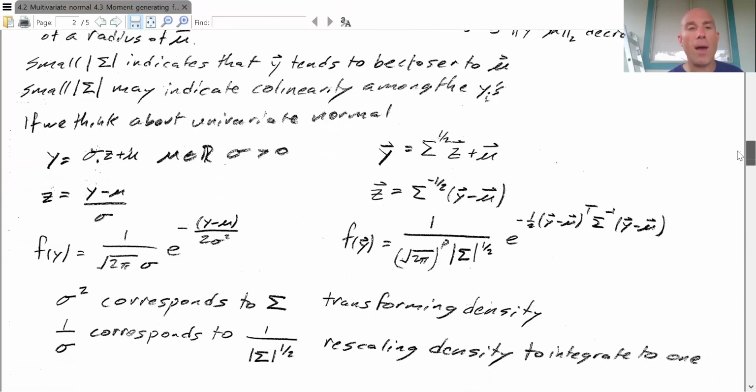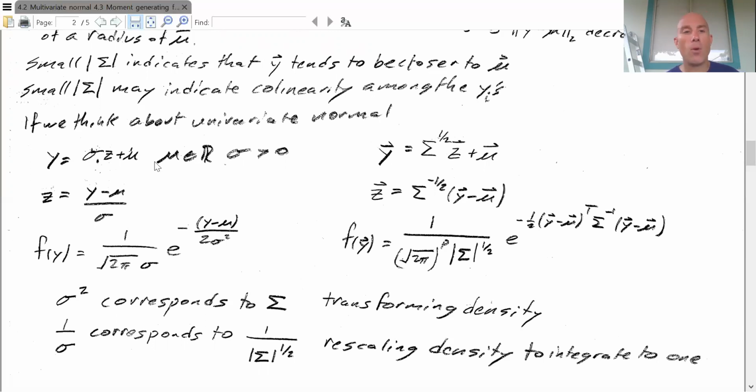All right, so now let's think about univariate normal. If I have y equal to sigma times z plus mu, where mu is a real number and sigma is greater than 0, this corresponds to the y vector equal to the square root of sigma times the standard normal vector plus the mu vector.